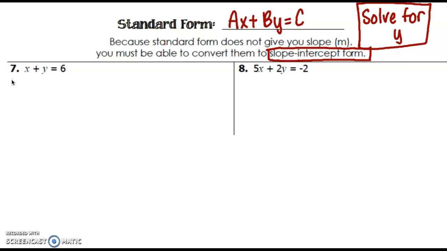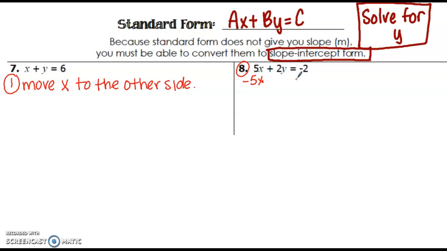Our first step is to move our x to the other side. I do want you guys to write this down. So if we're looking here at number 8, I am going to start by doing that exactly. I have a positive 5x, which means I'm going to have to subtract 5x from both sides.